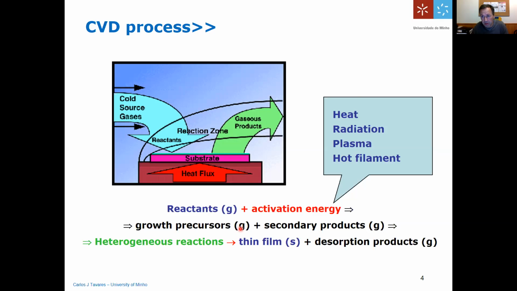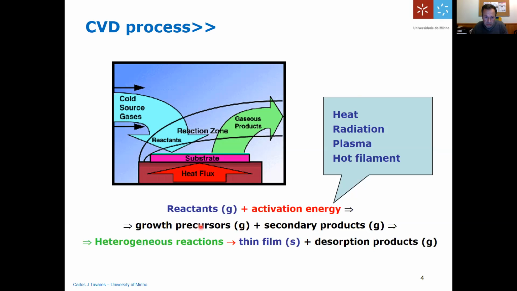For example, in a particular method of CVD, which is atomic layer deposition, you are producing pulses where you have a pulse for bringing down the precursor, then you have another pulse to bring another gas that will remove the secondary products or the non-reactant products from this reaction.